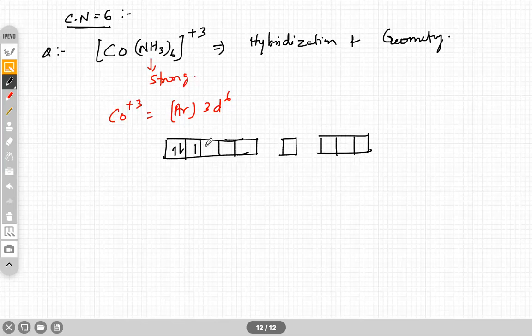One, two, one, two, three, 4. And since NH3 is a strong ligand, there will be pairing against Hund's rule, and it gives this one.